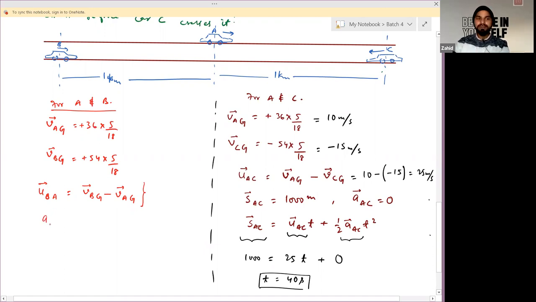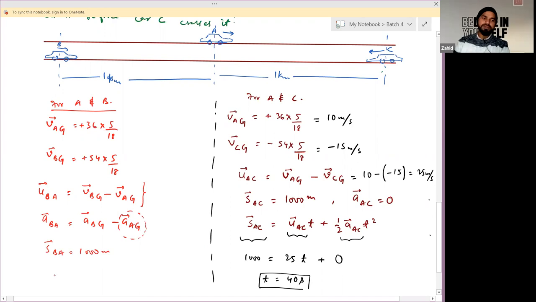Acceleration of B with respect to A will be acceleration of B with respect to ground minus acceleration of A with respect to ground. As there is no acceleration of A, this will be 0. And displacement between B and A is 1000 meter.